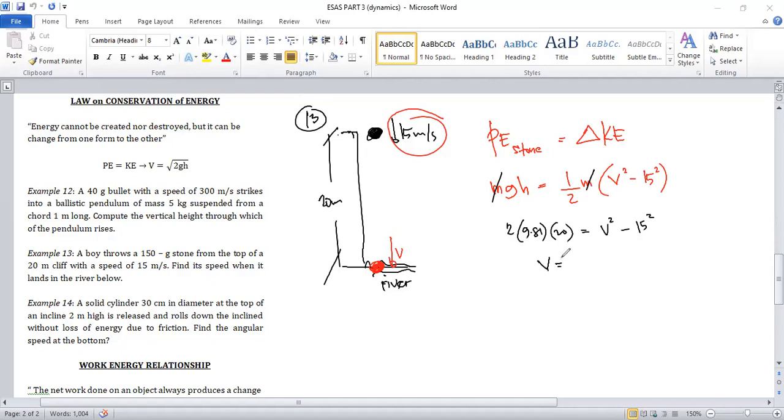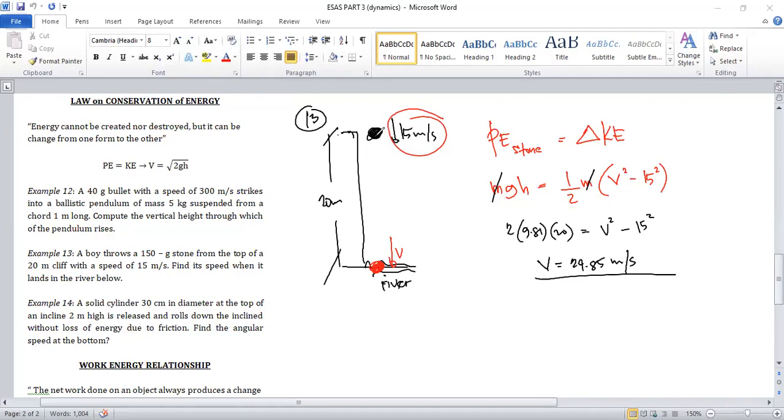That is 2 times 9.81 times 20, plus 15 square. So then you take the square root, so then that would be 24.85 meters per second.